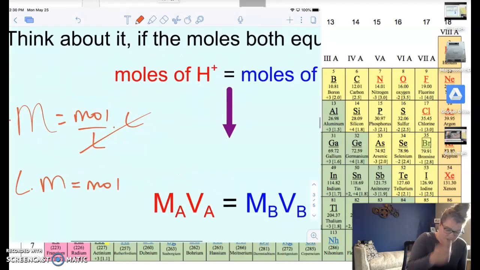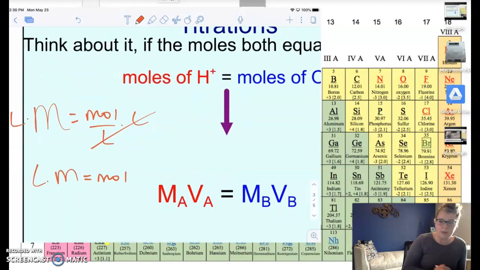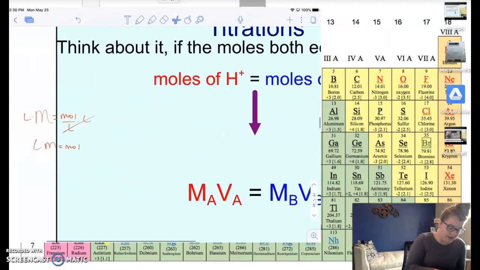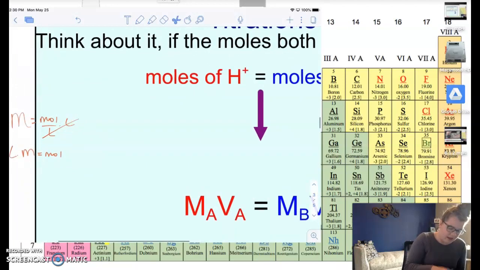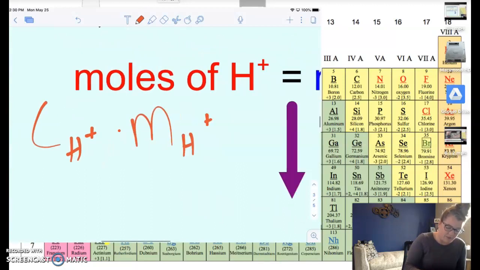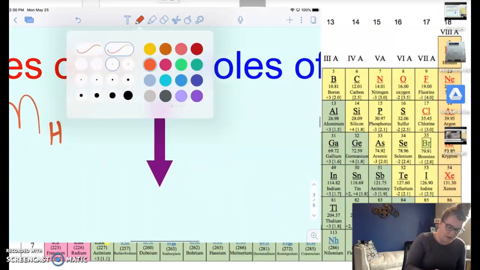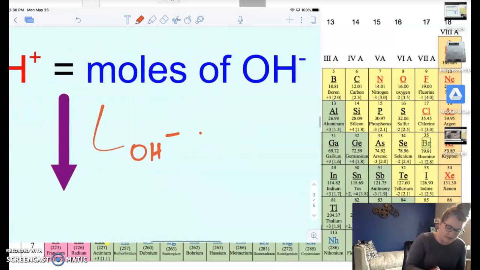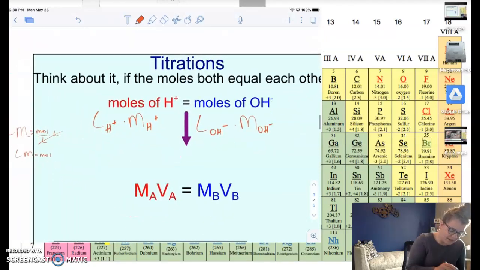So if I've got moles of hydrogen equaling moles of hydroxide, bear with me, could I not say the liters of hydrogen times the molarity of hydrogen equals the liters of hydroxide times the molarity of hydroxide, based on my idea that liters times molarity is equal to moles.